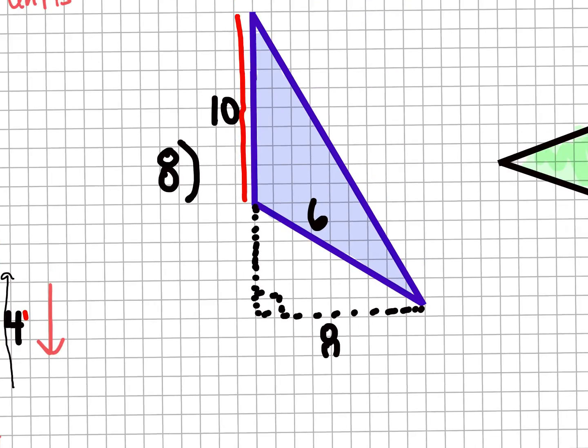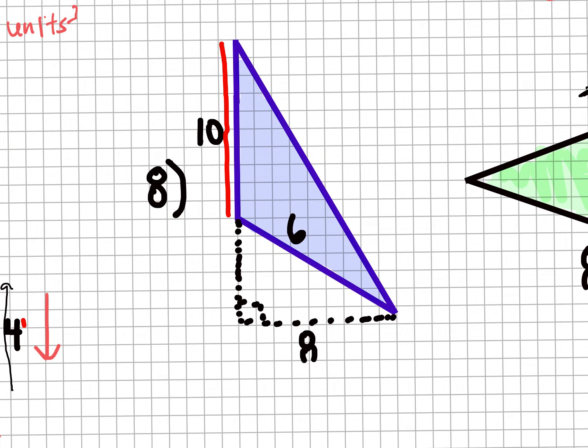Number 8, for triangles, you have area equals 1/2 base times height. It's like length times width, but we have to find the true base and the true height. So the true base of this one, we talked about it in class, was 10. This red side is the actual bottom, because if we lay it on that side, if this side over here was the ground, then this is how tall it would be straight up and down.